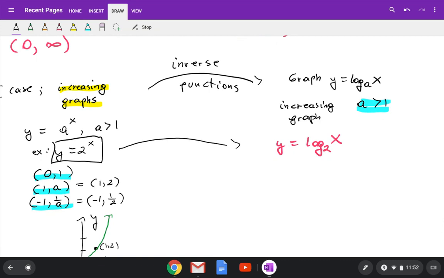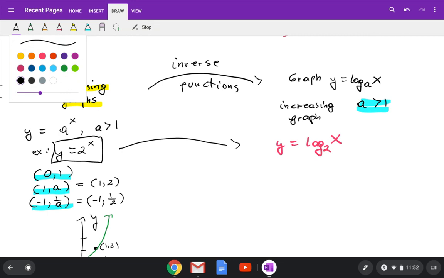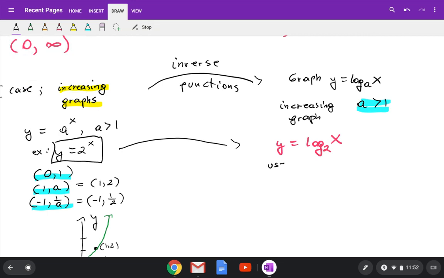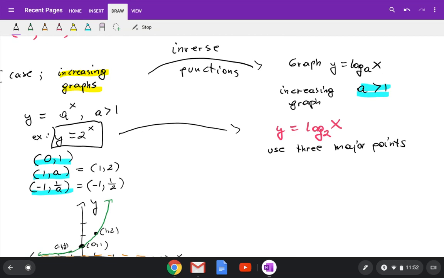So look what happened. To graph logarithmic functions, use three major points. What points are you going to use? You're going to use the inverse of the three major points of exponential functions, which you will graph with point (1, 0). Like you see, I'm switching the coordinates.